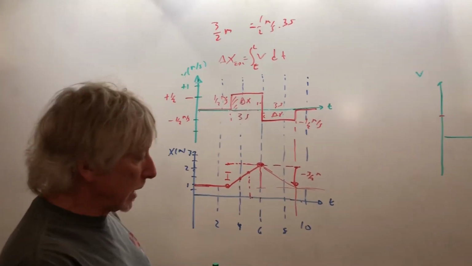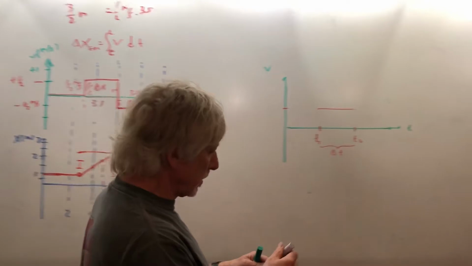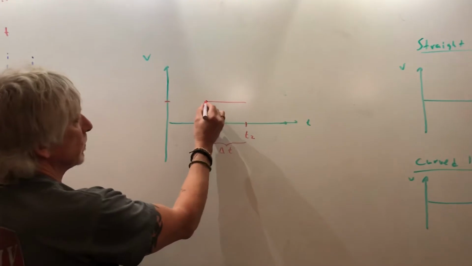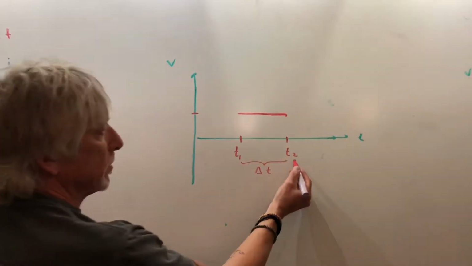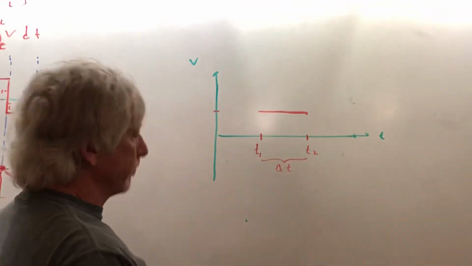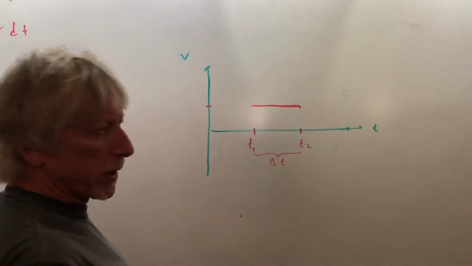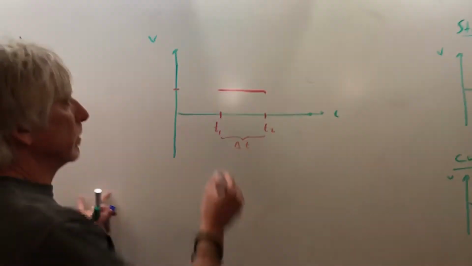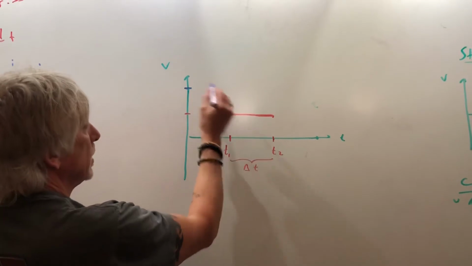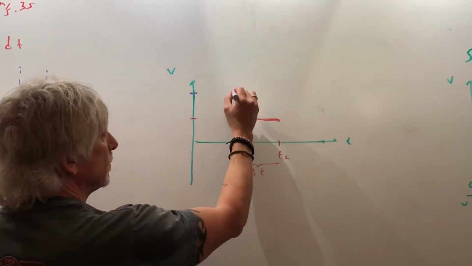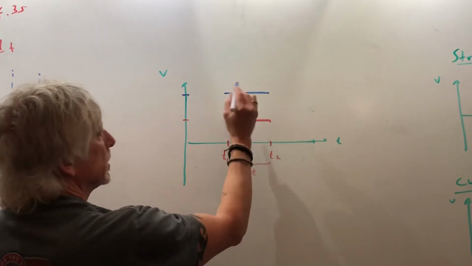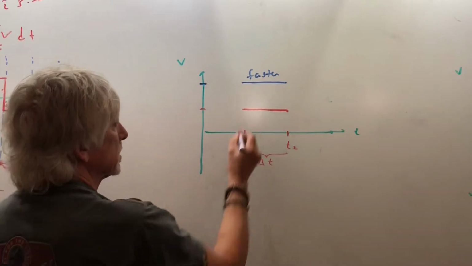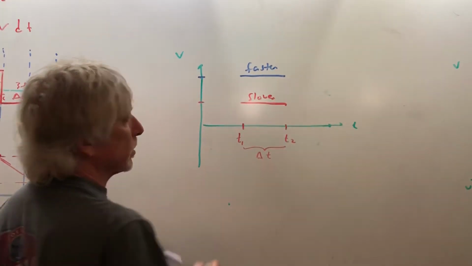Let's go over here and take a look at this idea of graphical area also real quick. You know that if you walk at a certain velocity and you keep that velocity, or drive, for a certain time interval, you'll go a certain distance. And suppose you say, hey, I want to go farther in the same time. What do you do? Well, you go faster. If I go this speed for that same time interval, this is faster, and this is slower.